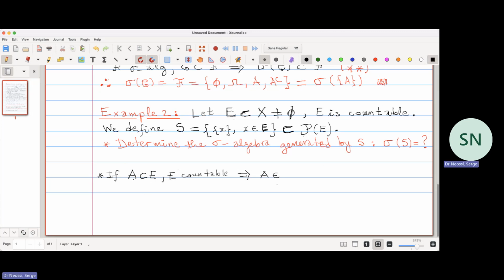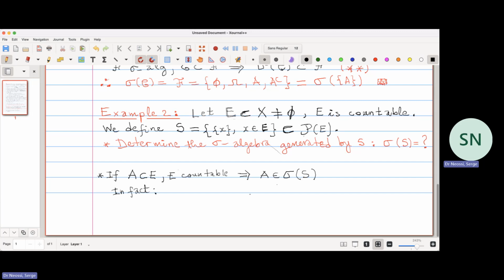Okay, so if we take A a subset of E, countable, I was saying that this A will be an element of the sigma algebra of S. Why? Because A can be written, because it's a subset of E, and E is countable.